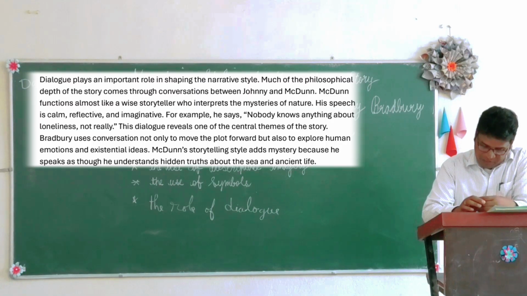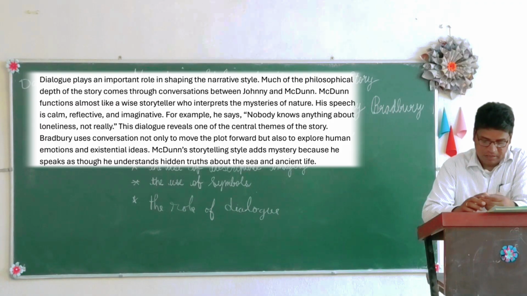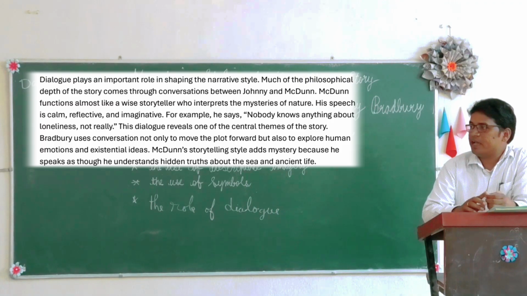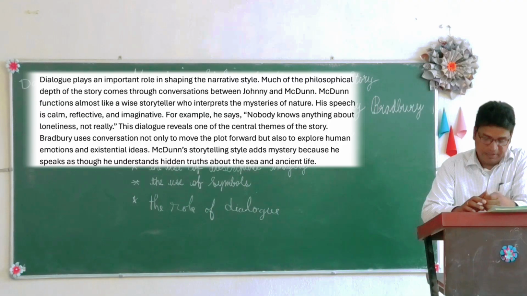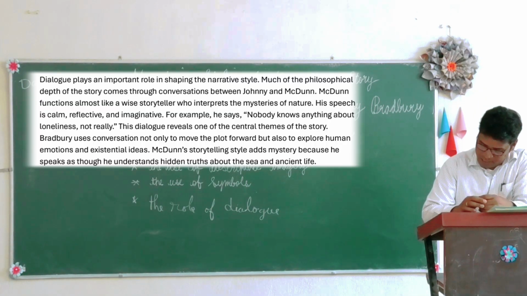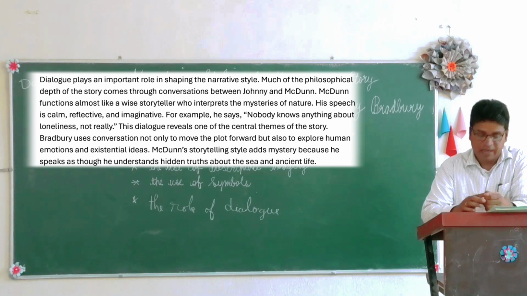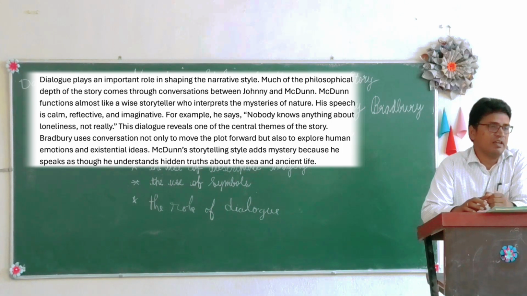Bradbury uses conversation not only to move the plot forward, but also to explore human emotions and existential ideas. McDunn's storytelling style adds mystery because he speaks as though he understands hidden truths about the sea and ancient life.